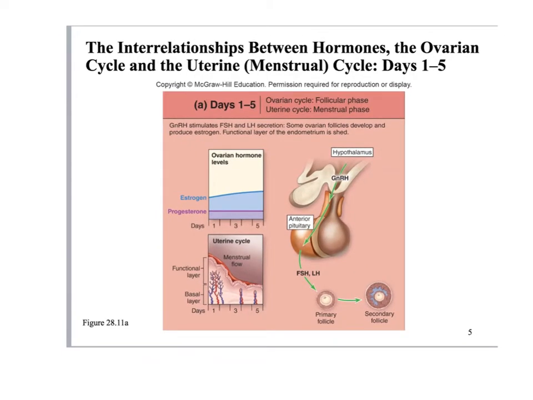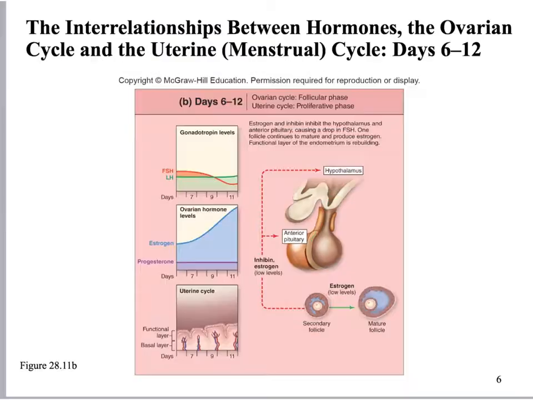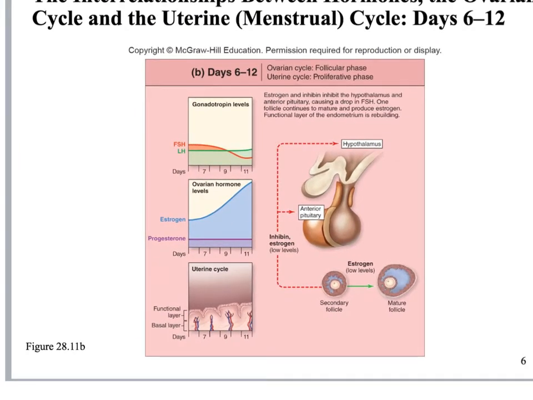Now that follicle has been recruited, increases in size, and starts to produce estrogen and progesterone. Estrogen goes up, progesterone levels are low. Now in the uterus, we are in the proliferative phase. In the ovary, we are still in the follicular phase. There's a feedback that's ongoing between estrogen, LH, FSH, and GnRH.